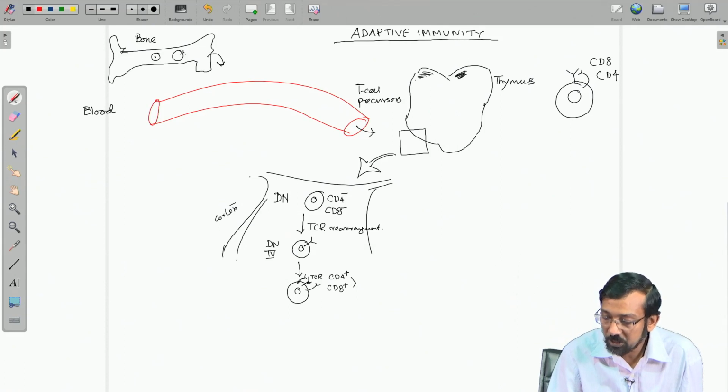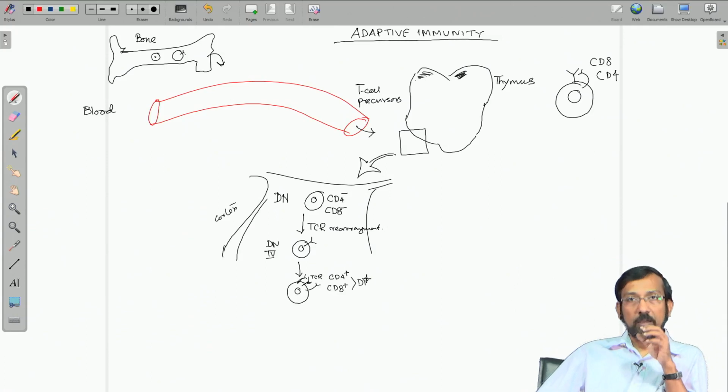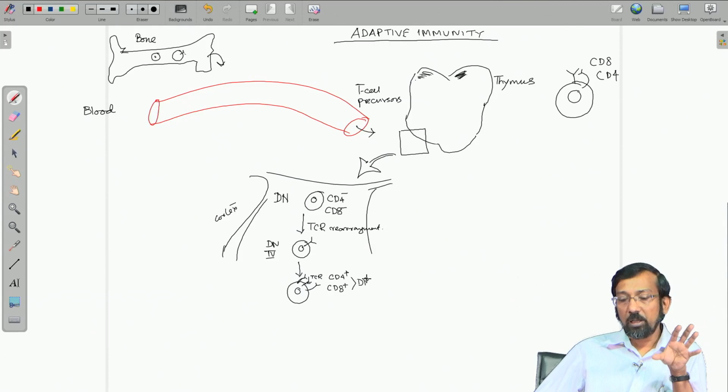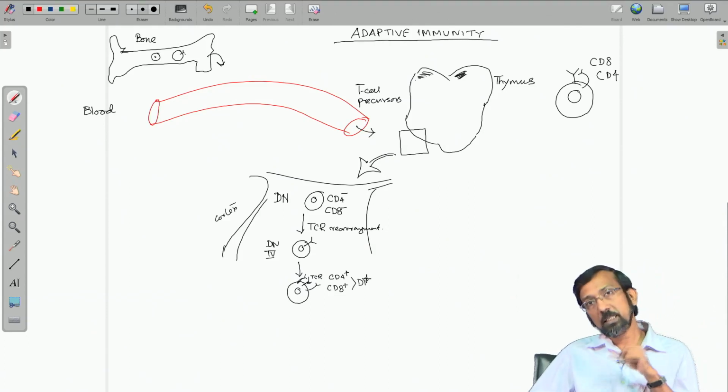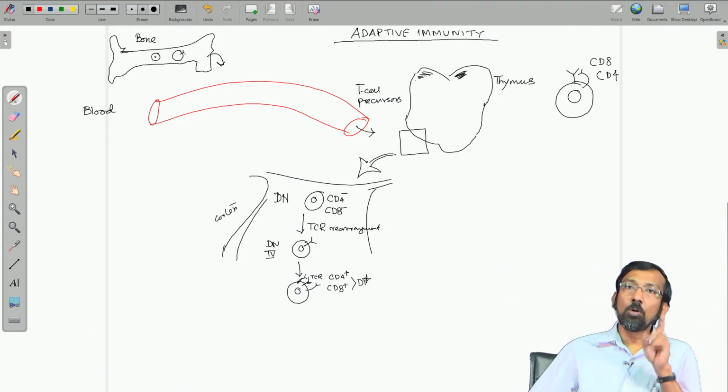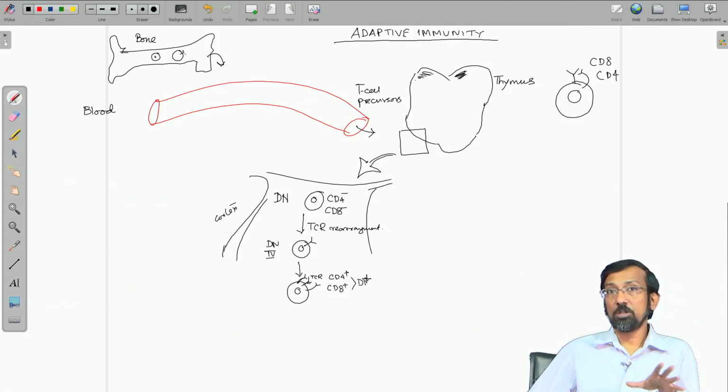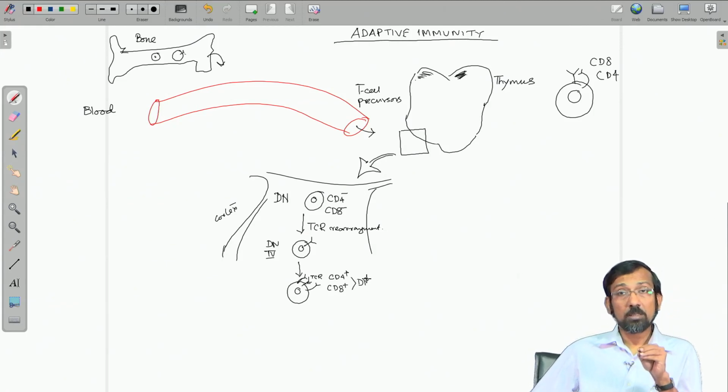So, now this stage is known as the double positive stage. That means they are no longer double negative, they have started expressing on their surface the T cell receptor as well as both the CD4 and the CD8 co-receptors, which means although they are expressing the co-receptors, they are still not destined to bind a specific class of MHC molecules.